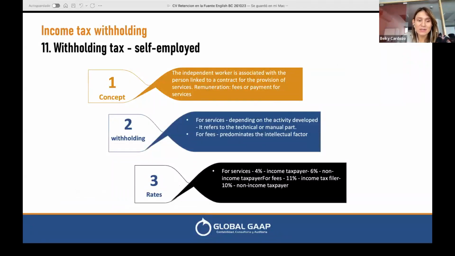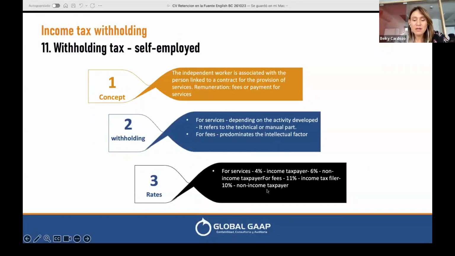This is very interesting because when you are self-employed, the rates are different. Instead of having all this chart of being withheld as an employee of a company, the rates are different.